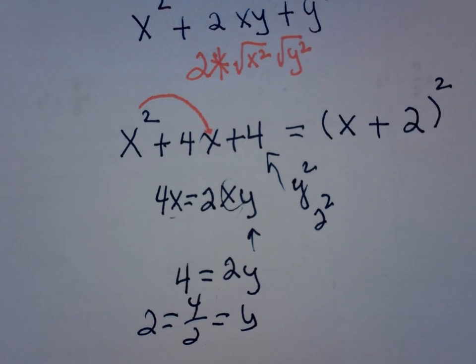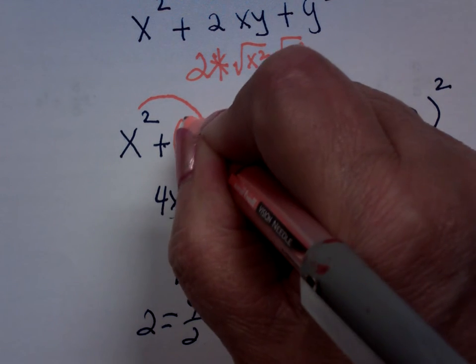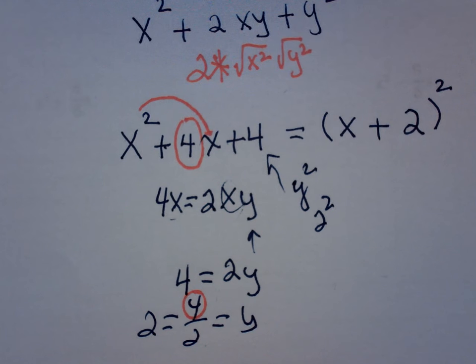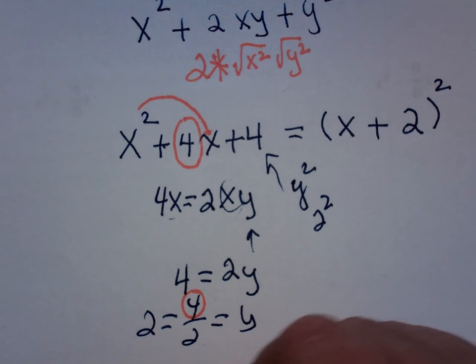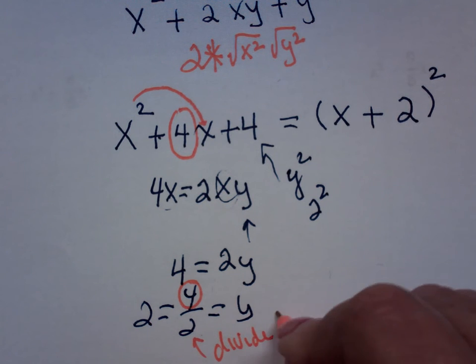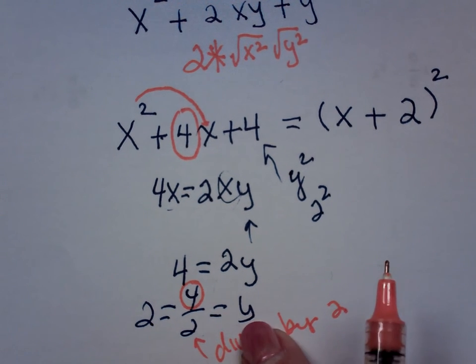So what does this mean to me? This says take the coefficient of x, divide it by 2. That gives you y.